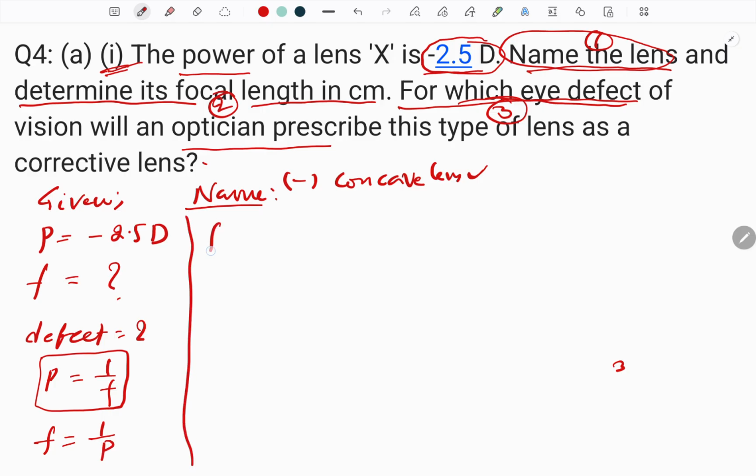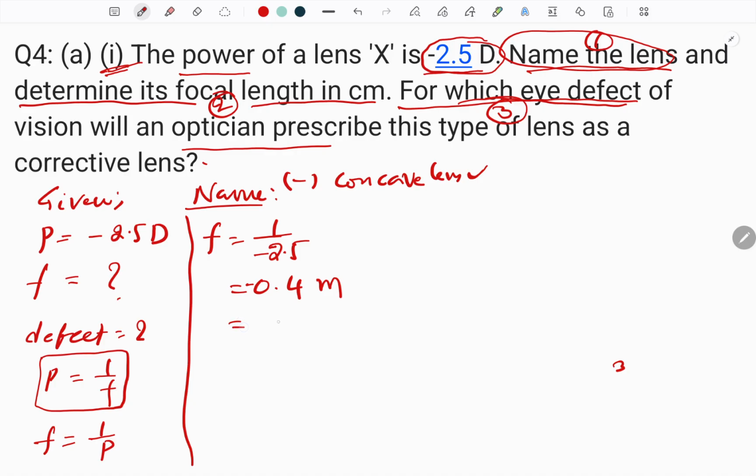Now let us substitute the value. f equal to 1 by minus 2.5 D, where 1 means 1 meter. 1 by 2.5 means it's 1/4, which gives you 0.4 meters.